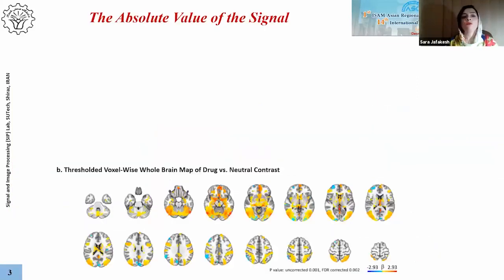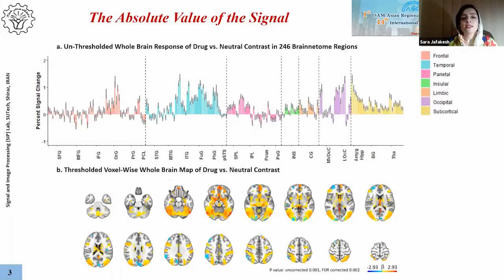This is the activation map of the whole brain drug versus neutral contrast. If we parcel the brain into 246 regions based on the Brainnetome Atlas and average the signal within each of these areas, as you can see, we have some high activations in some brain regions, like ventromedial prefrontal cortex and inferior frontal gyrus.